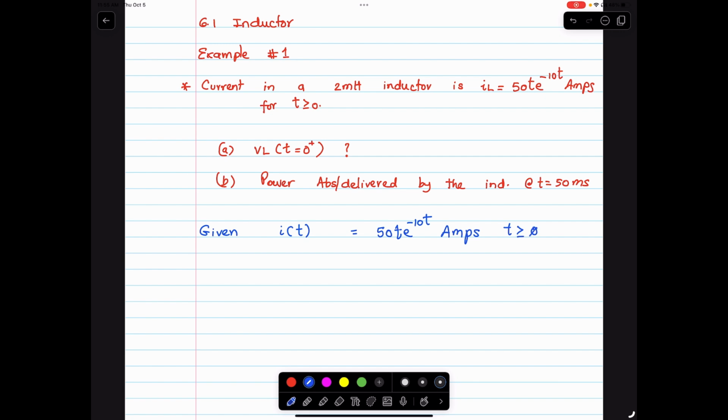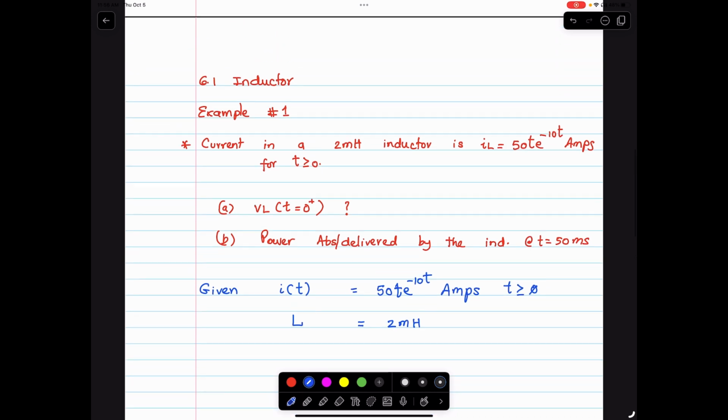Similarly, the inductance L is given to be 2 millihenry. This is how you begin any problem: take stock of what is given. I of t is given and L is given.